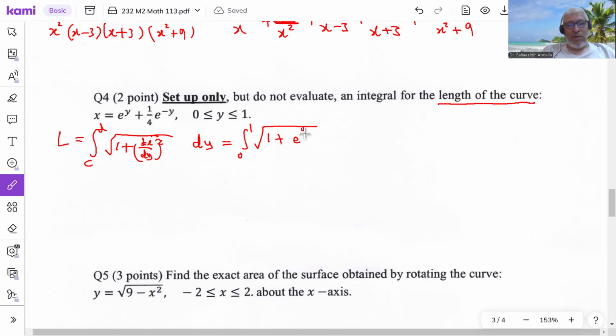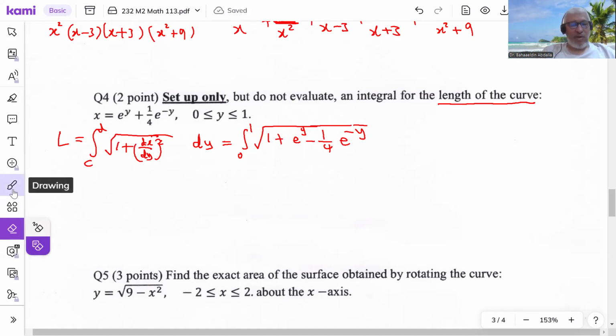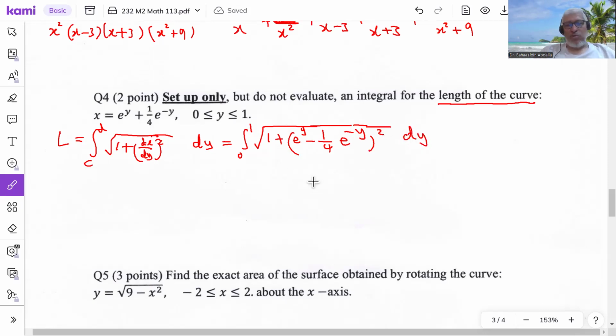It is e^y, plus 1 over 4, that's constant. The derivative of e to the power negative y is e to the power negative y times negative 1, the derivative of negative y, so I'll change the plus to minus, and I raise it to the power 2, dy. So this would be the answer.